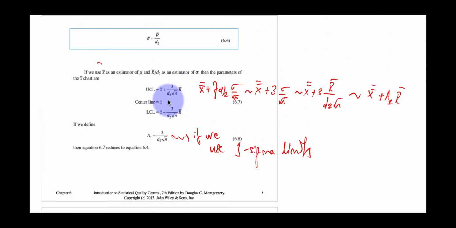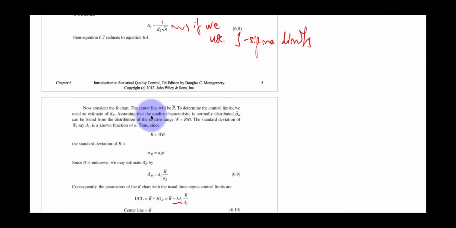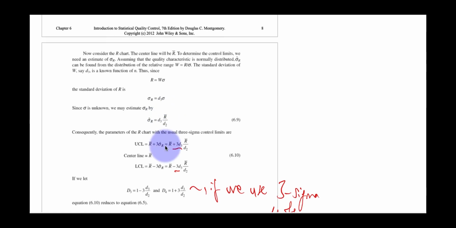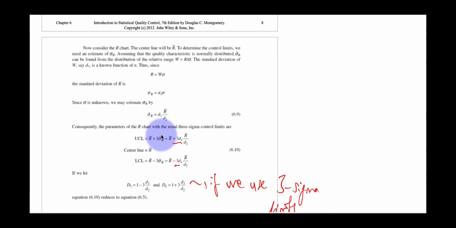And the estimation of the standard deviation of range will be D3 multiplied with the average range over D2, and we are going to use the average range in the R control chart as the center line in the upper control limit.